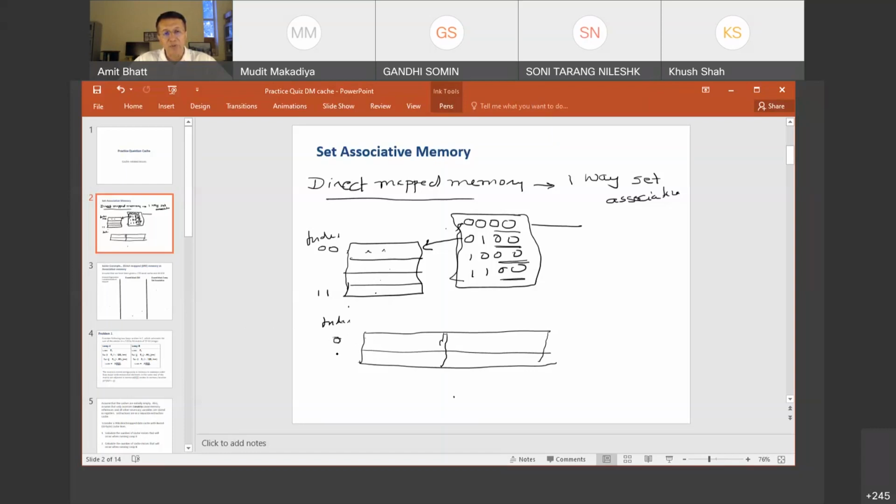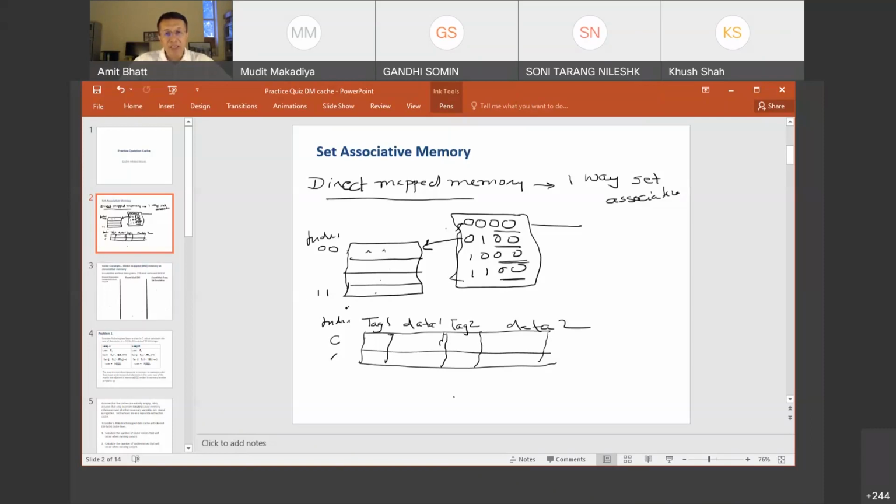I will call them 0 and 1, right? That's all I need. So my index size, as you can see, has reduced from 2 to 1. I will have tag 1 and data 1. I can call it instruction also, this could be anything. This is tag 2 and data 2. Let us assume it is data, right?